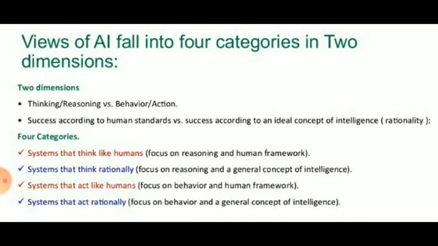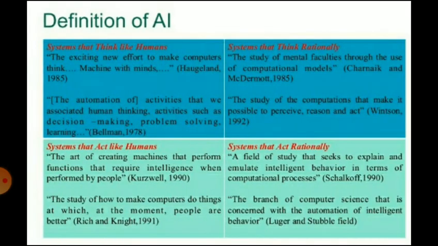And the fourth is systems that act rationally, which focuses on behavior and the general concept of intelligence. Now we will see them one by one. These are some definitions of AI: systems that think like humans, systems that act like humans, systems that think rationally, and systems that act rationally.